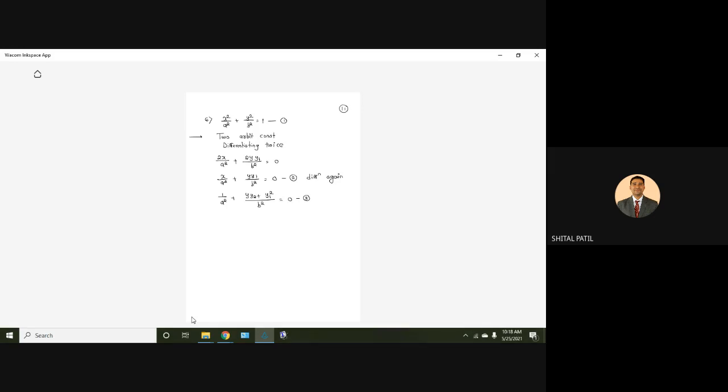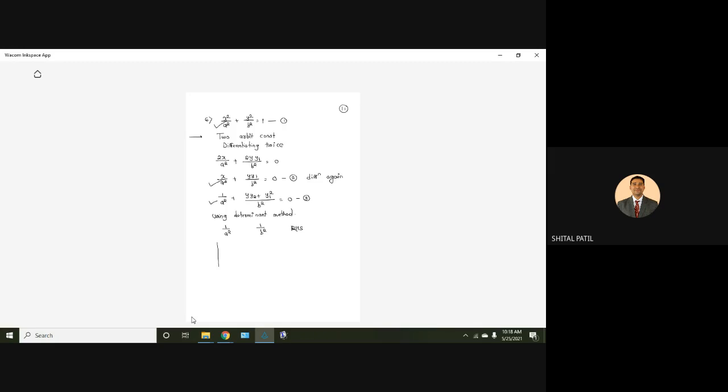Now use the determinant method, write it down. Using the determinant method, see what we are getting. So the coefficient of 1 upon a square, the coefficient of 1 upon b square, and then equal to, the right hand side. So these are equations 1, 2, and 3.